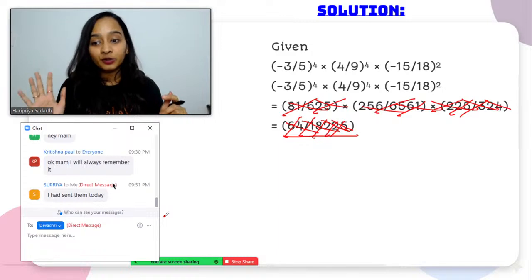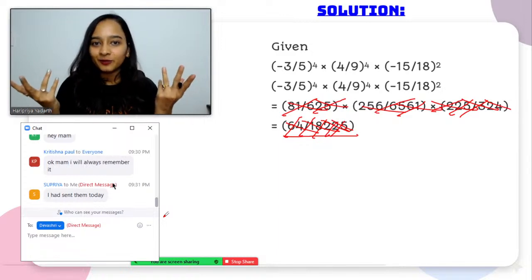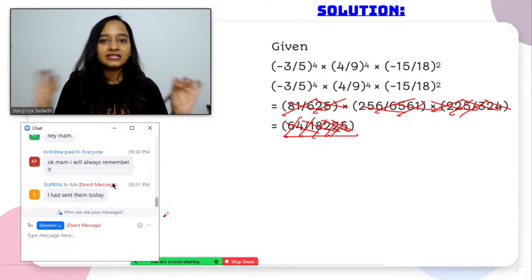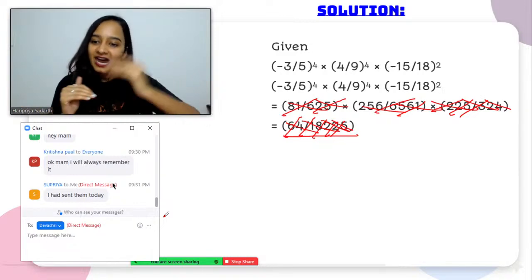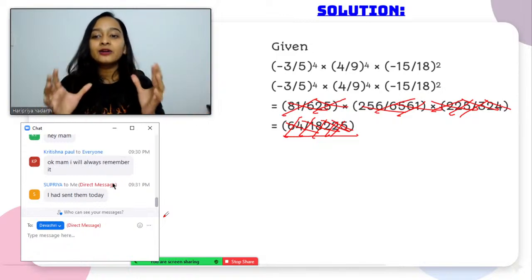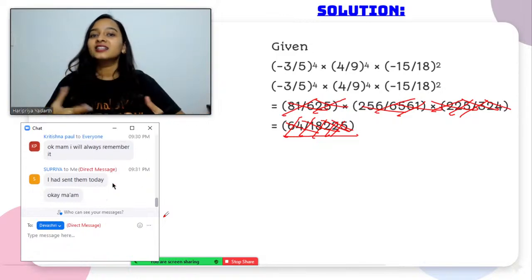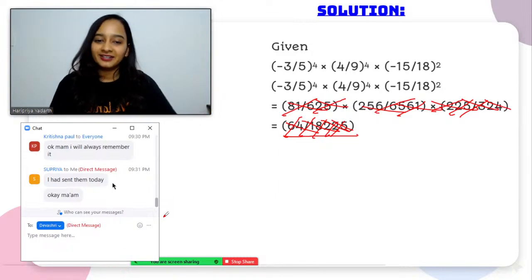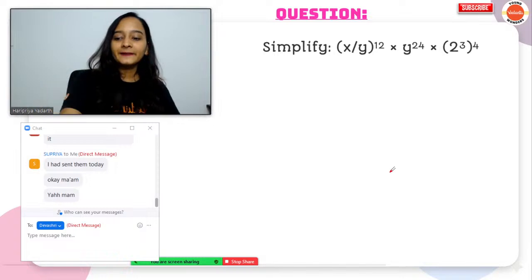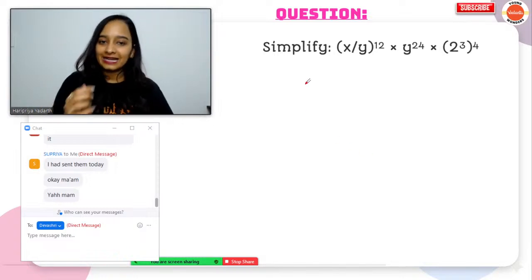See, I had sent them today. कैसे होगा if you send them today? We didn't even check the Google form because yesterday is the last day. We close it yesterday, है ना? And we start working on the next class, which is tomorrow. Did you understand? So that's how it works. अगर आप ऐसे आज के आज पूछोगे तो नहीं हो पाएगा बच्चा, ठीक है? You can ask it in the live chat right now here. Okay? Thank you for understanding.